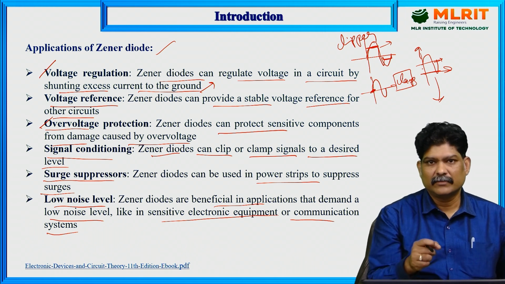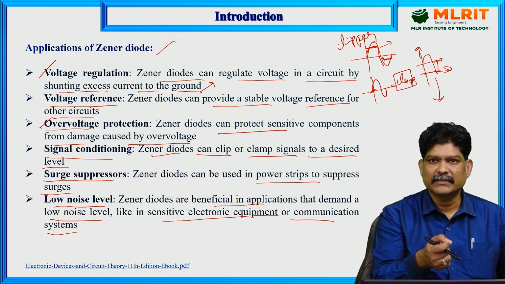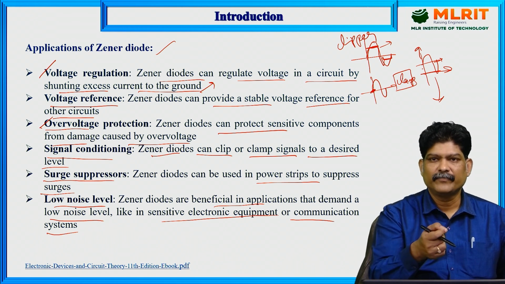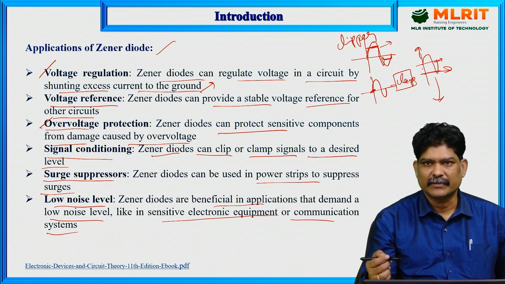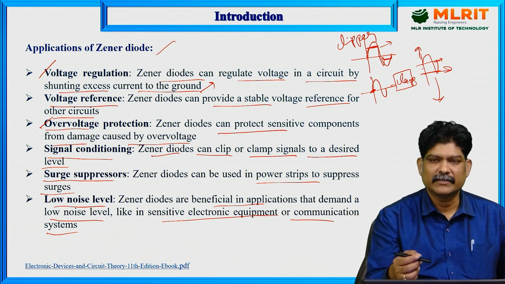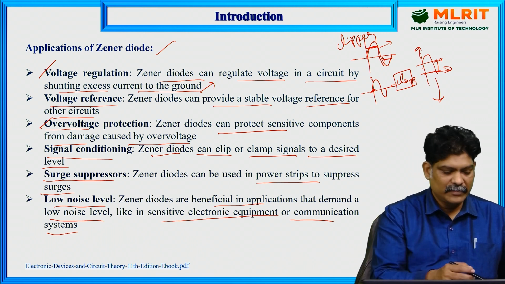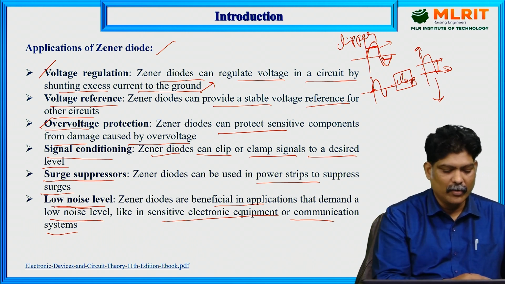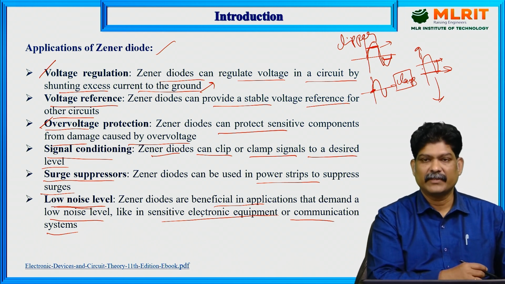For example, in an amplifier, if noise increases, the amplified signal gain will be reduced. That is the drawback in a communication system, so in some systems noise must be reduced. In low noise level applications, Zener diodes are very beneficial.